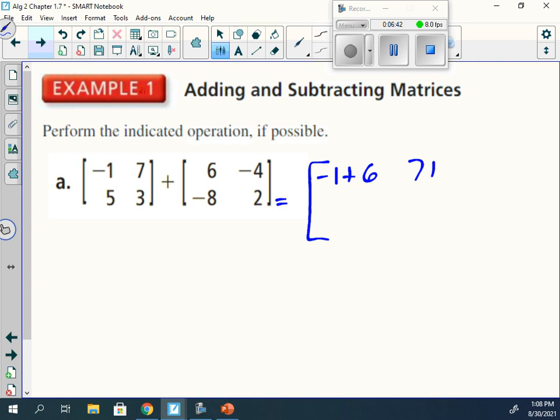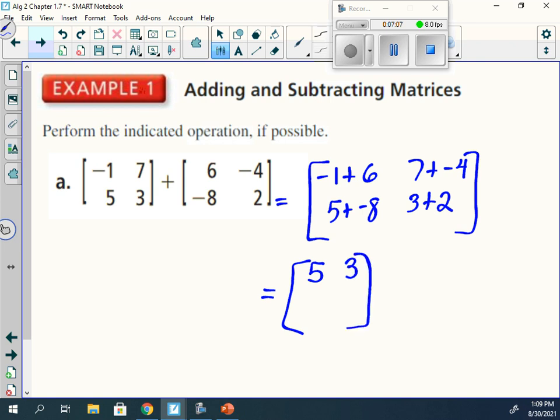Then the next one we have is 7 plus negative 4, 5 plus negative 8, and 3 plus 2. Then we can go on and add them together. So negative 1 plus 6, focus, is 5. 7 plus negative 4 is 3. 5 plus negative 8 is, and 3 plus 2 is 5.